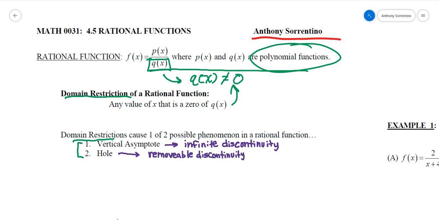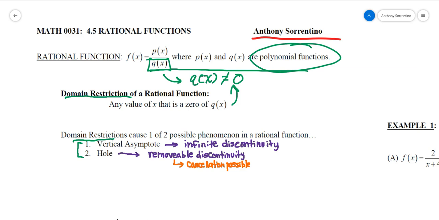The reason it's important to note this, more so for the hole, is because its name, removable discontinuity, lets us know whether or not we have a hole, because a removable discontinuity implies that we have a cancellation that's possible that would simplify the function.